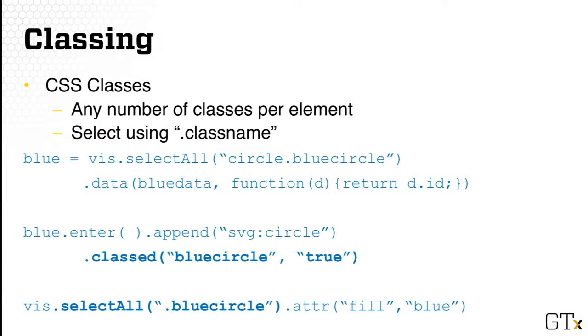If it's false, then the class will be removed. Once you've assigned the name blue circle to all those circles, then later on, as shown in the last line here, you can do selectAll dot blue circle, because we're calling a class, and that allows you to change all their color and other kinds of attributes.